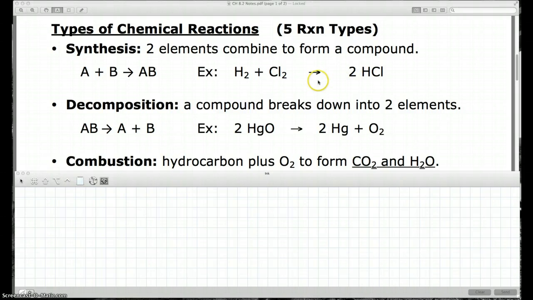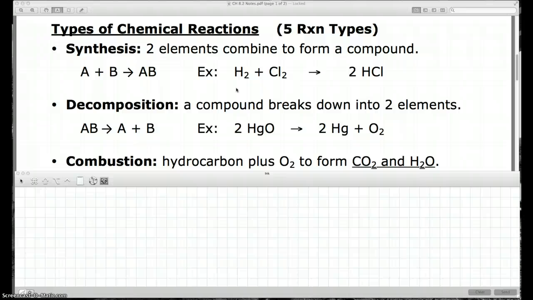So that's synthesis. Decomposition is the opposite of synthesis. You probably remember from biology class, you talked about this word decompose, decomposers, decomposition. In that context, if an animal or plant dies, it decomposes, meaning that various organisms and critters eat this dead thing and break it down into simpler things. Eventually, that plant or animal becomes dirt.